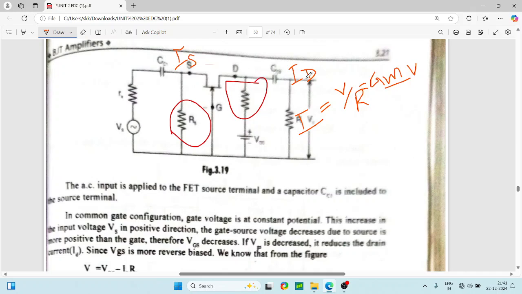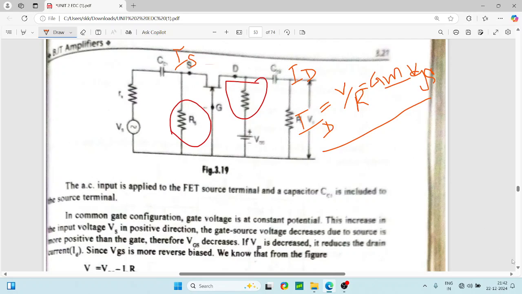The current is ID, so ID is equal to GM into VGS, the gate-to-source voltage. Anyway, this explanation is not necessary for your understanding; I said it to help you. So ID is equal to GM into VGS. Are you clear? Right. Now we go to the next level.